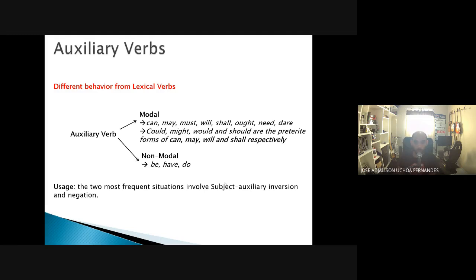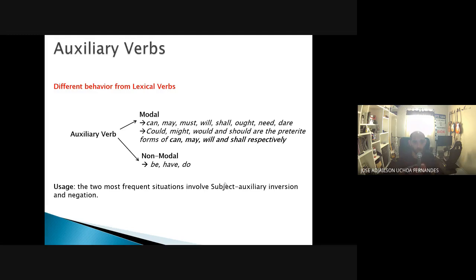Auxiliary verbs can be split into two smaller groups: the modal ones, that you are familiar with, like can, may, must, will, shall, need, and etc. And the non-modal ones that we are going to discuss in detail: be, have, and do.